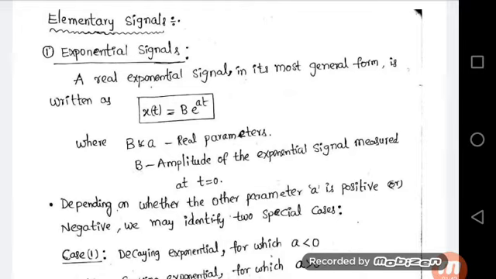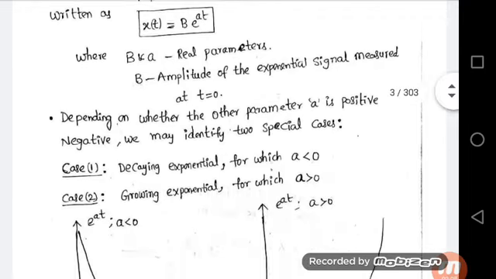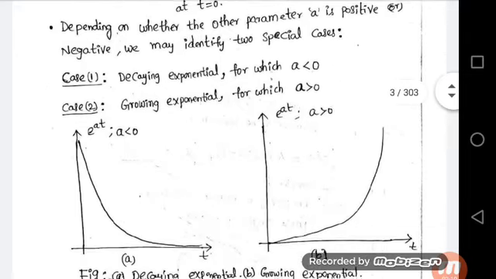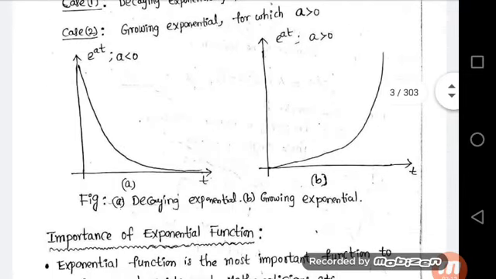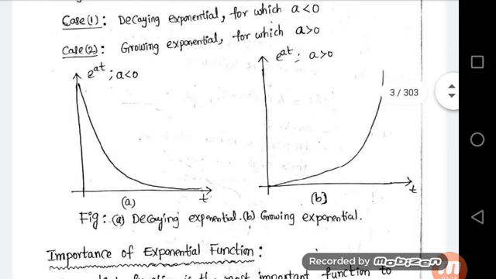Depending on whether the other parameter a is positive or negative, we may identify two special cases. The wave behavior depends on a, which is why it is mainly classified into two cases. These are the two cases of the exponential signals.